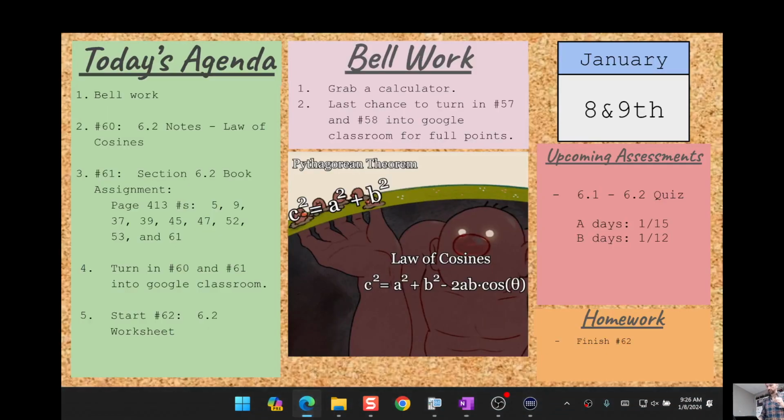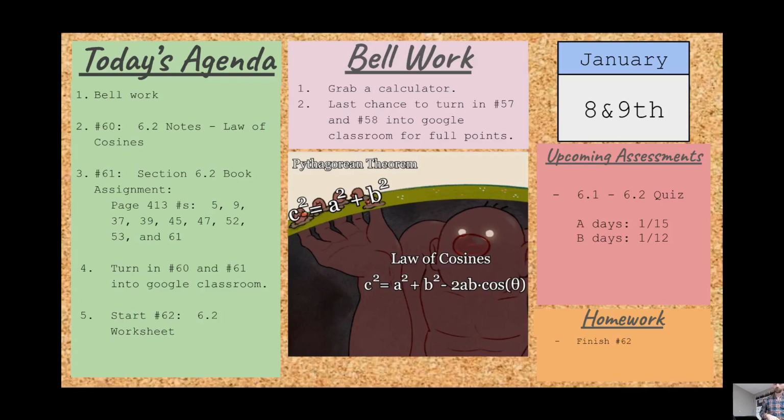Okay, let me offer some help again. So 37, 39, both use Heron's formula. 45, 47 were law of cosines, but just find a specific side or a specific angle instead of everything.